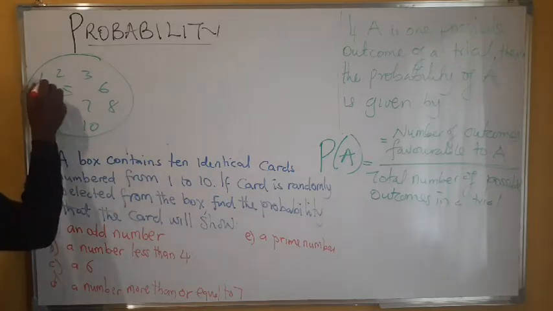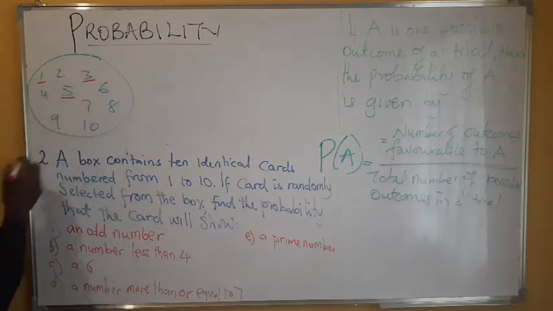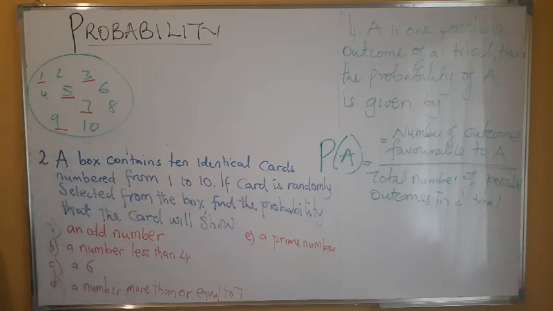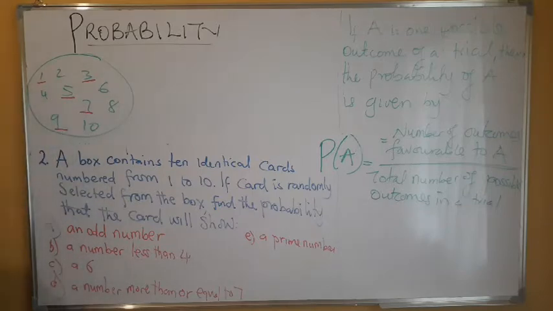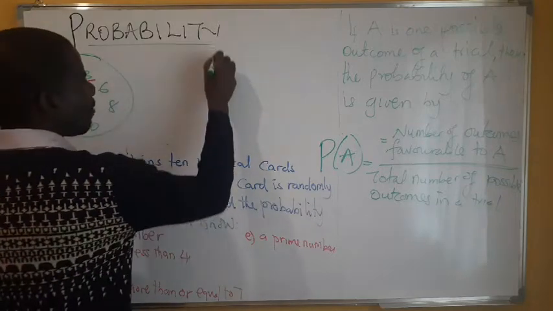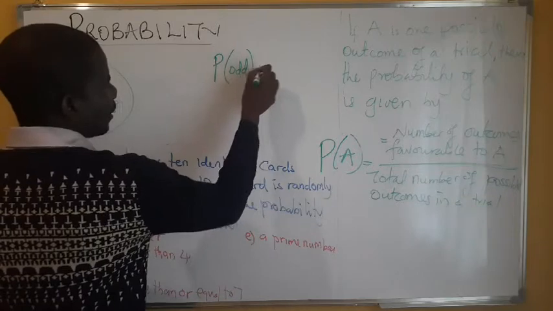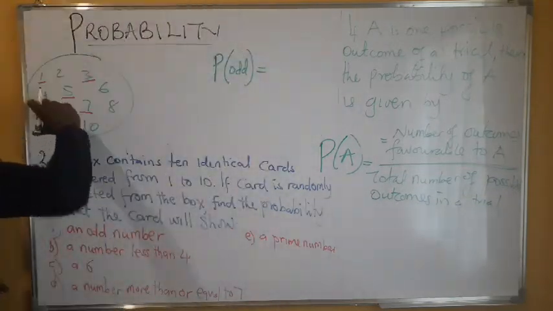How many odd numbers do we have in this box? These are the odd numbers that we have: 1, 2, 3, 4, 5. So I'm answering the question now. The probability of having an odd number is equal to the number of odd numbers that we have in the box.